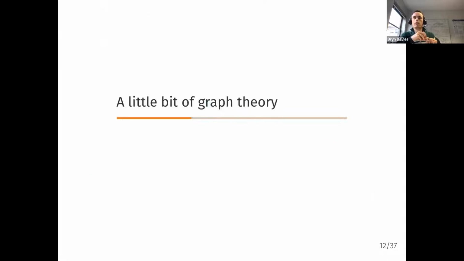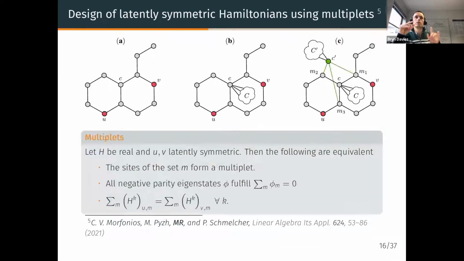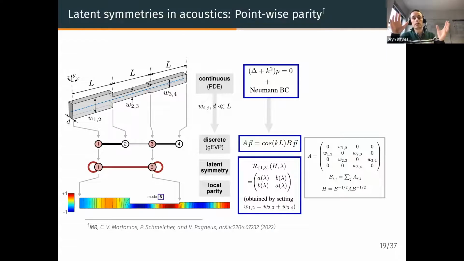So I was wondering about a system like some kind of multiple scattering setup, where you've got lots of scatterers or resonators all interacting with each other, so everything interacts with everything. Is latent symmetry a useful concept in that setting?